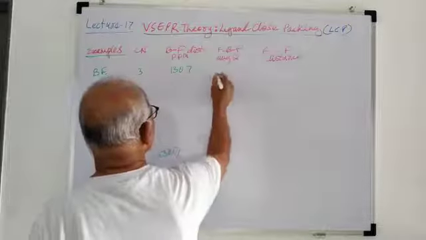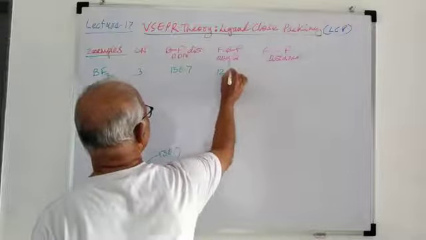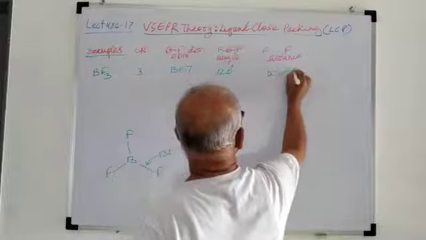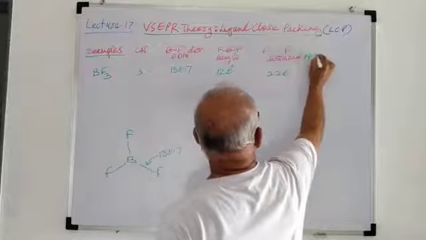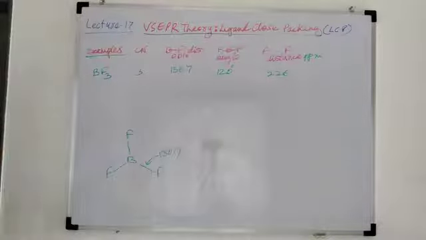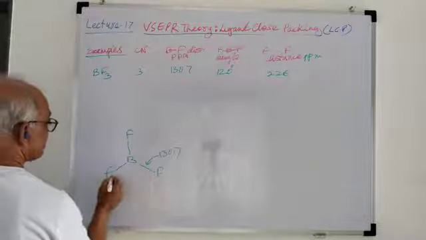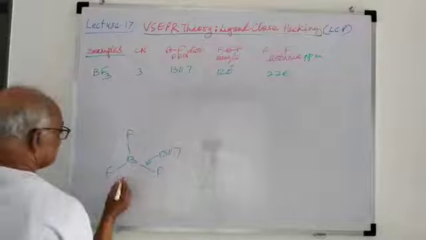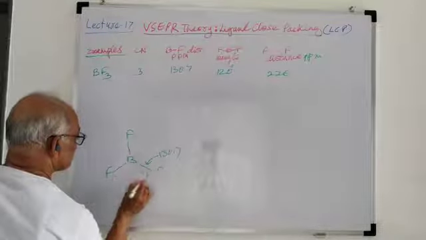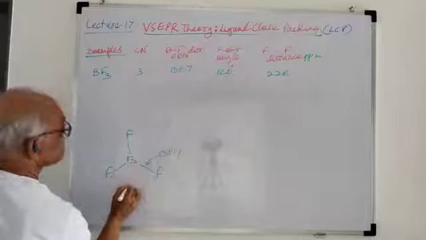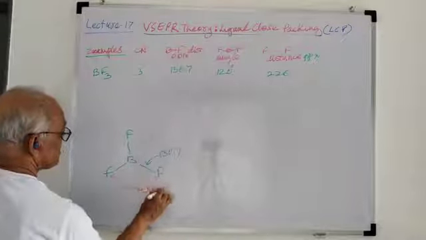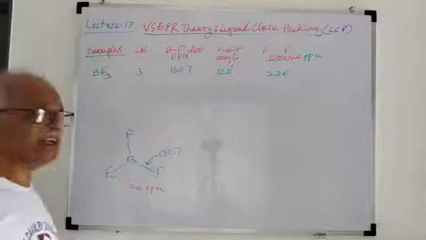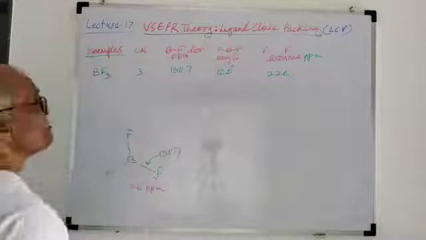Then the bond angle is perfectly 120 degrees. The FF distance is 226 ppm. Similarly, this FF distance is 226 in this BF3 molecule.